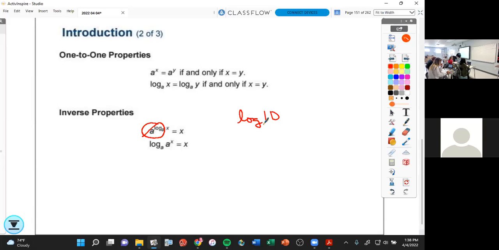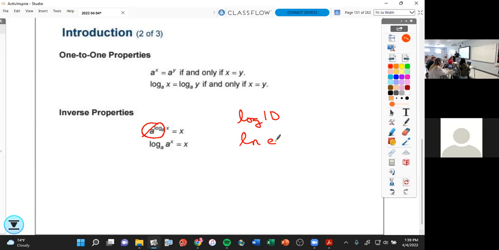The unwritten number is 10. What if you were to do natural log of e? What do you get? What is the base of the natural log? Better be 1. It's 1, because when you're dealing with natural log, the base is e, right? So this is one of the properties.